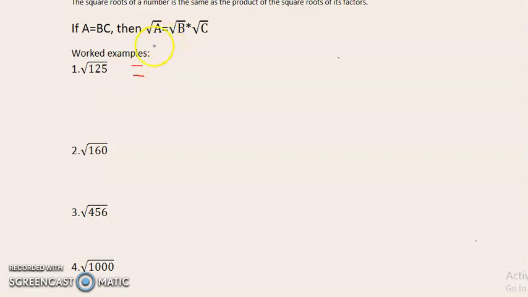From this rule, the root of A is equal to the root of B times the root of C, where B and C are factors of A. So root of 125, you can get root of 25 multiplying root of 5. Now, root of 25 can be broken down, so we get our answer to be 5 root of 5.